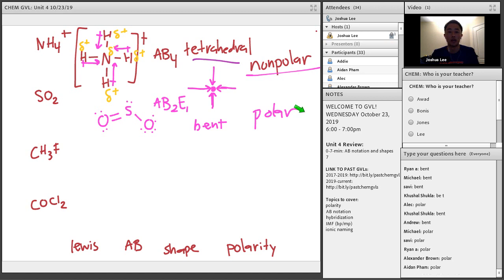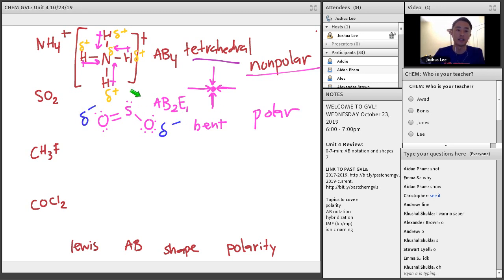Do you guys want to see why it's always going to be polar, or are you guys fine with knowing that it's just polar? So between oxygen and sulfur, which one is more electronegative? Oxygen. Oxygen is the second most electronegative element, typically. So oxygen is slightly negative, slightly negative, slightly positive. So my arrows are going to point towards sulfur or towards oxygen.